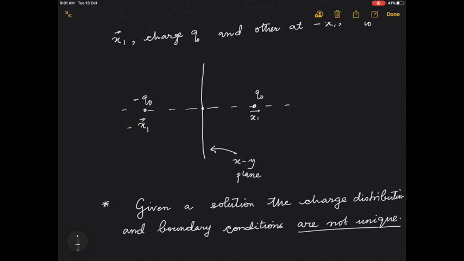Now this also gives us a new way of looking at the problem, which we know as the method of images. So this is the origin of the method of images.